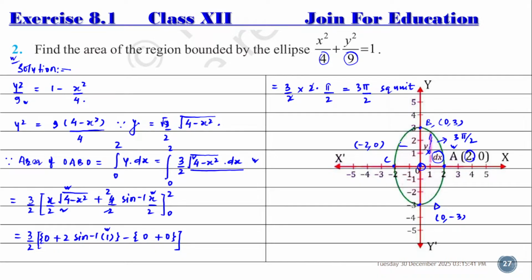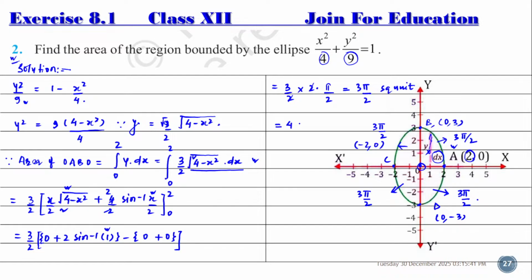Area of this part also will be 3 pi by 2. Area of this part also will be 3 pi by 2, and the area of this part will also be 3 pi by 2. Therefore, the area of the region bounded by the ellipse will be what?